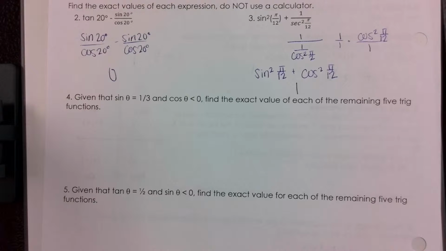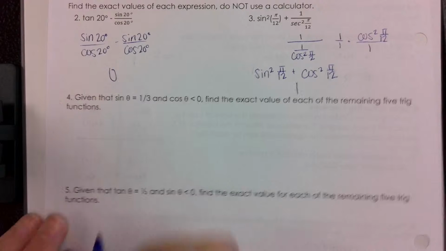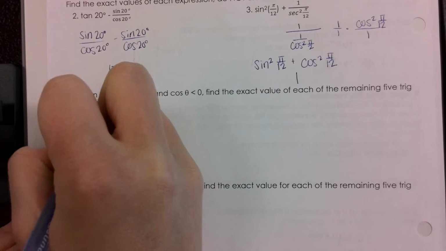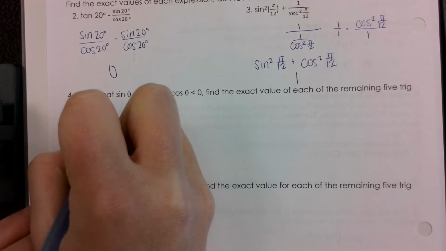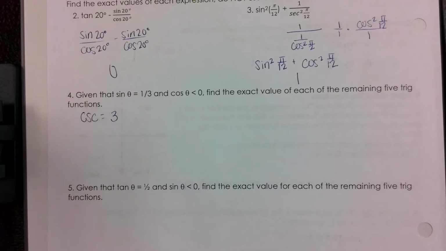So we have sine, and we know that cosine is going to be negative. We know that sine is 1 over 3, so what would be easy to find from there? Cosecant, because that's the one that goes with sine, right? So what would cosecant be? Because we're just flipping sine.